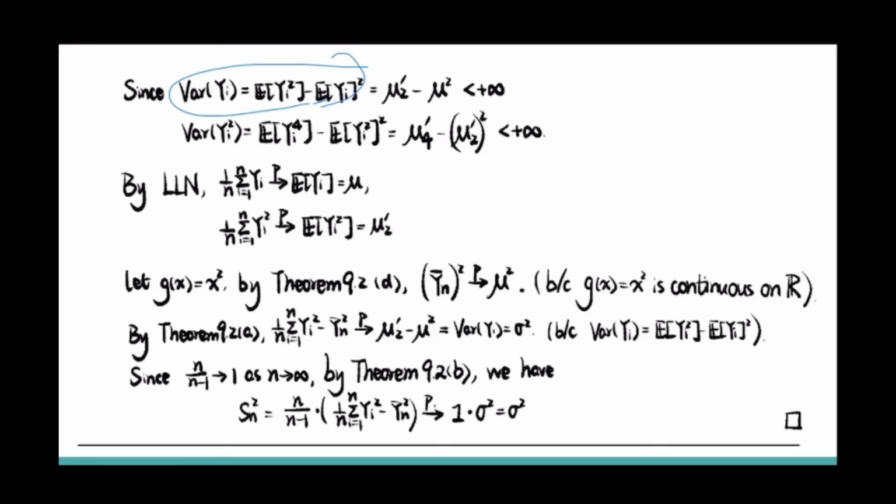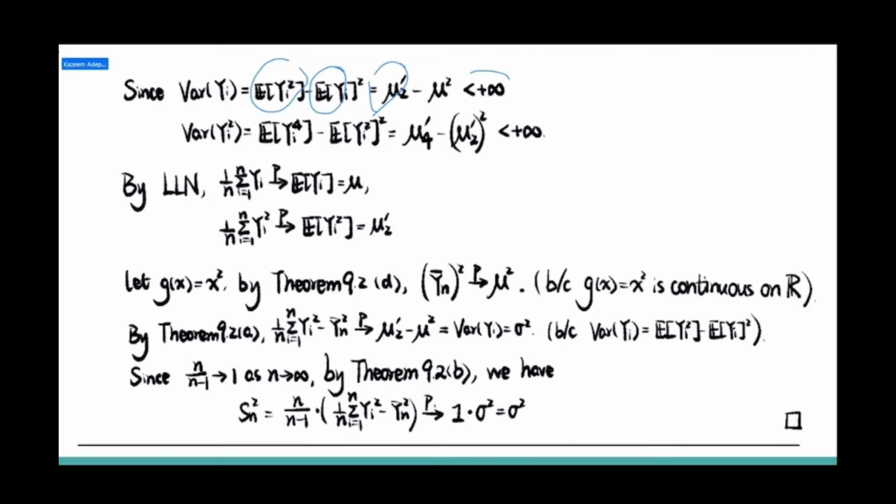This is this, and this is this, and it has to be defined, it has to be determinate. That is why you see that the difference has to be less than infinity.